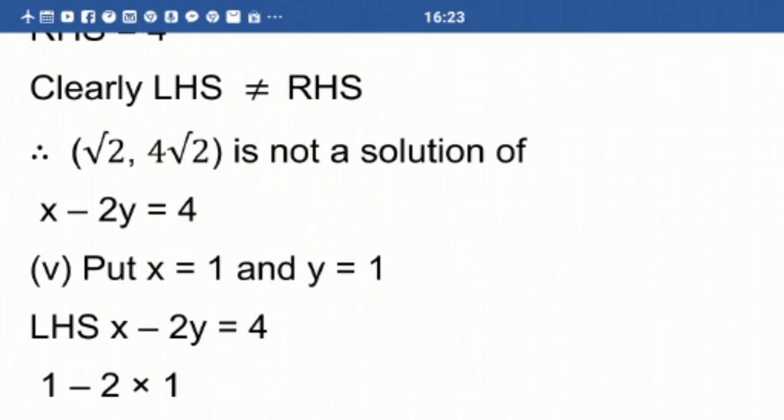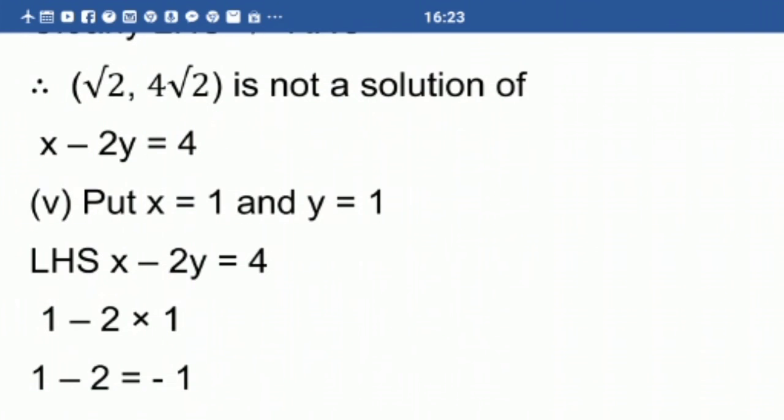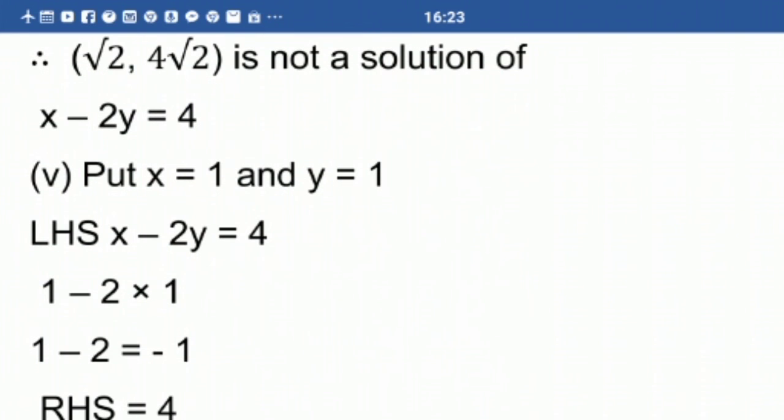Then fifth one. Put x is equal to 1 and y is equal to 1. Let us go to the LHS, x minus 2y. The 4 is the RHS, leave it. x minus 2y. So x is equal to 1.